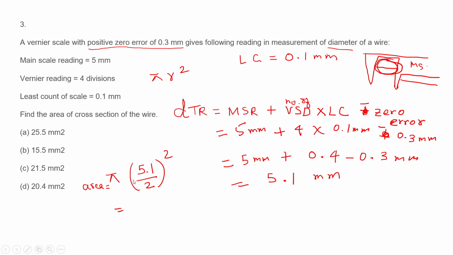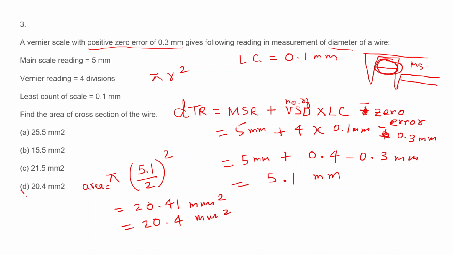Okay, so what I've calculated in the calculator, I'm getting 20.41. This will be in millimeter square, of course, it's area. If we approximate it to a single decimal digit, we'll get 20.4 millimeter square.